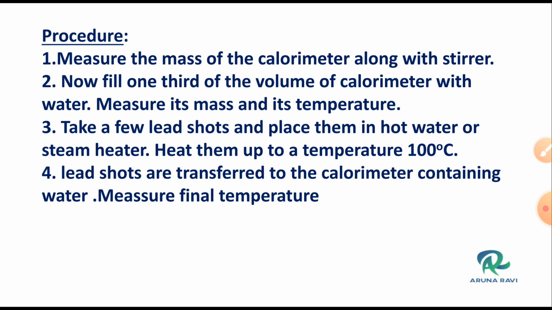I measured the initial temperature of water T1 degree centigrade, and I measured the temperature of the bolt when it is in the hot water bath, that is T2 degree centigrade. I transferred that iron bolt into the water present in the calorimeter, then I measured the final temperature, that is T3. Likewise you can write. You have to express by your own words whatever you did in the lab, and you can write it as the procedure.